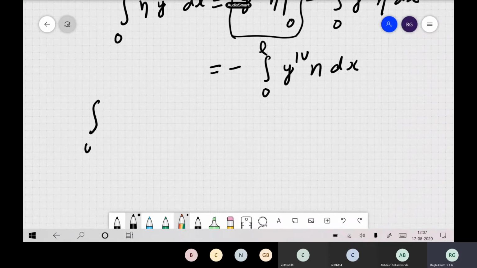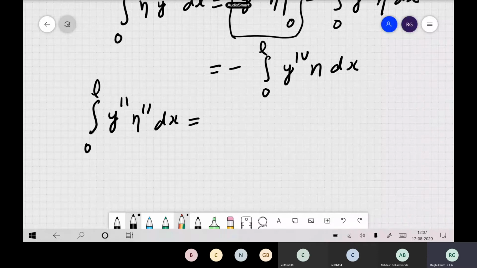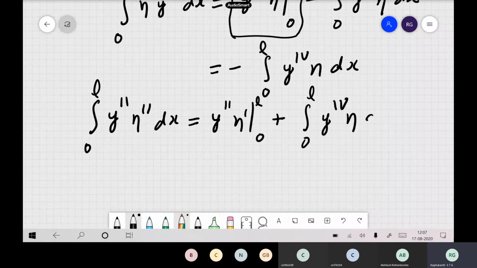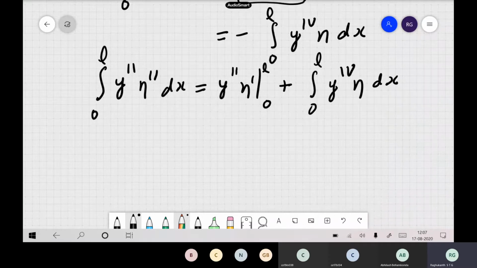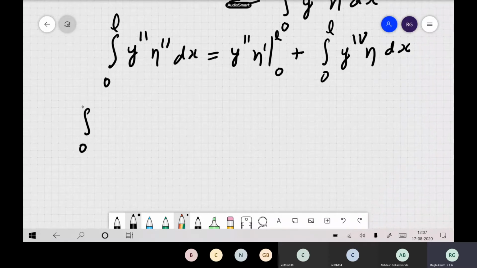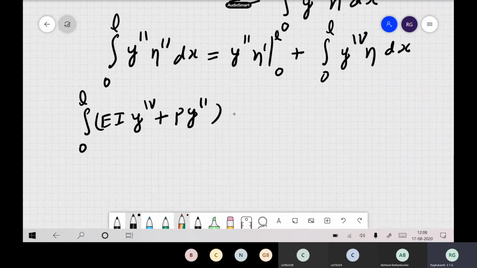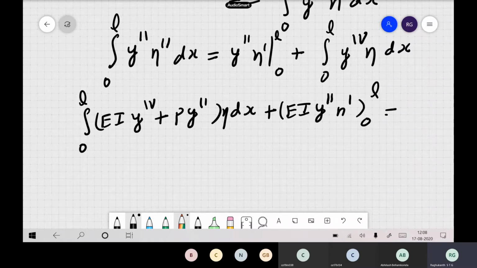So finally you can write the integral from 0 to L of y double dash eta double dash dx as y double dash eta dash at 0 and L, minus, sorry, plus the integral from 0 to L of the y fourth derivative times eta dx. Substituting this and the other terms into our equation, and rearranging the terms nicely, you have the integral from 0 to L of EI y fourth derivative plus P y double dash, times eta dx, plus EI y double dash eta dash evaluated at 0 to L, equal to 0.